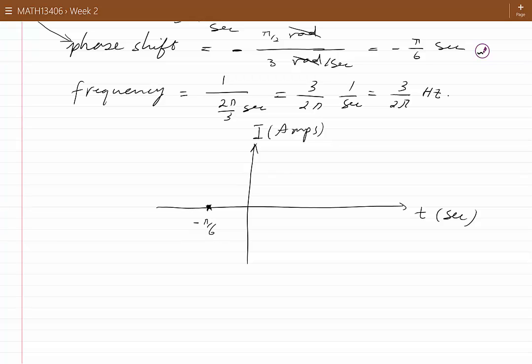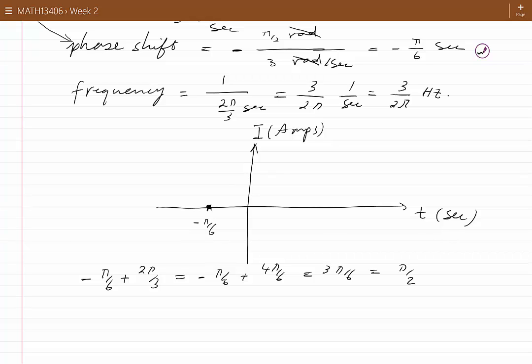Then we add to the phase shift, which is minus π/6, the value of the period, which in our case is 2π/3. This would be minus π/6 plus 4π/6. You can also use a calculator at this point. This is 3π/6, which is π/2.